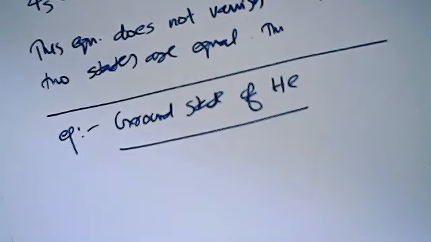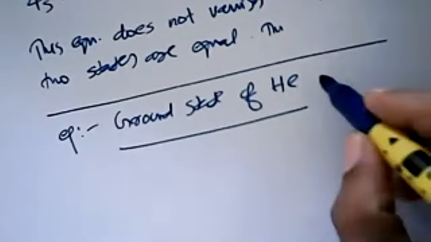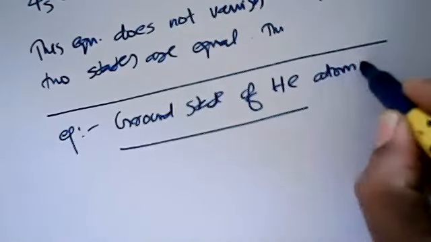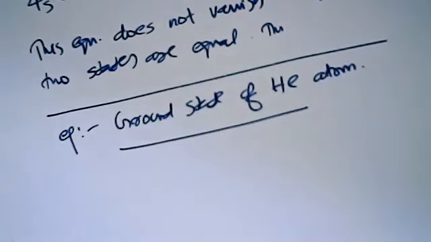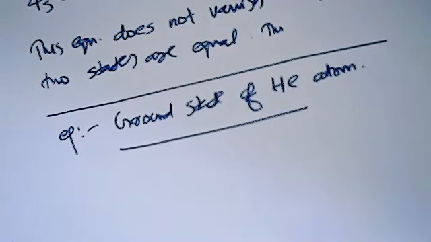Okay, the helium atom, the ground state of the helium atom. So using these symmetry properties of identical particles, you can obtain a value for the ground state of helium.